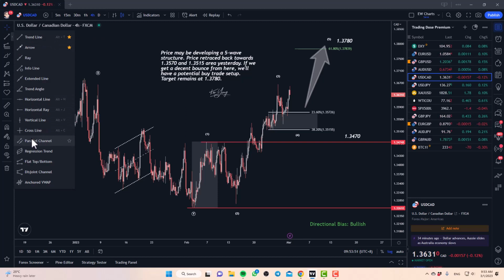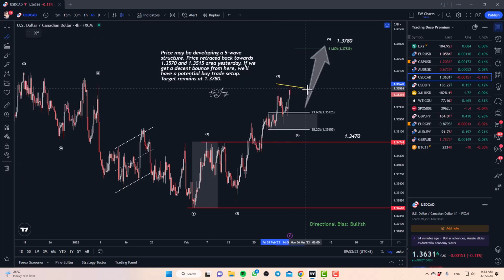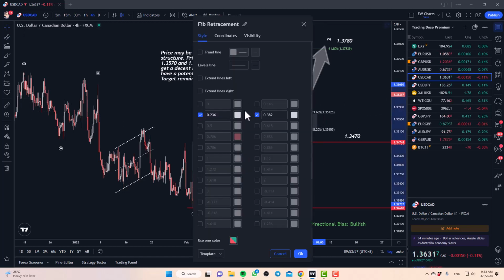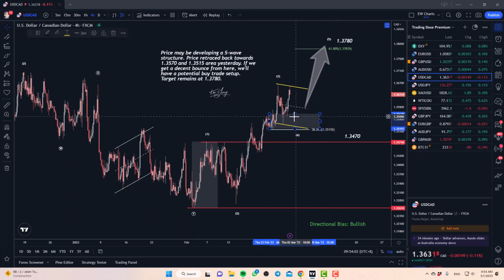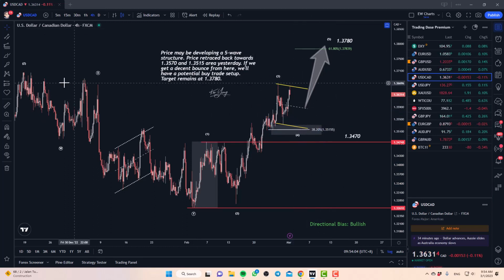For me, that would be waiting for at least a clear 3-wave pullback. In this case, I think it's more towards that 382 potentially, so 1, 2, 3, somewhere around here will be the area to look for a buy.